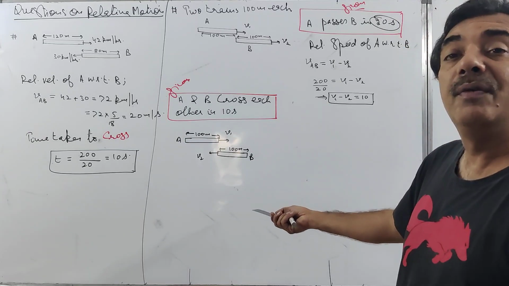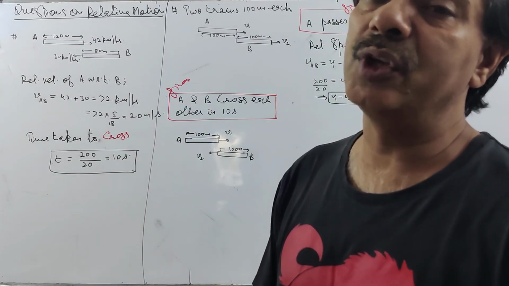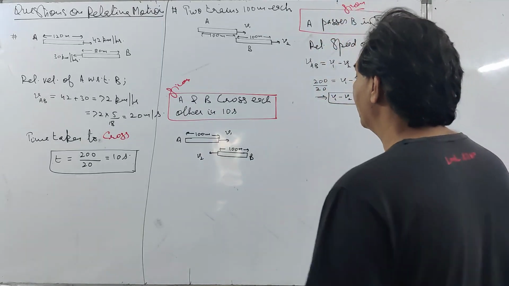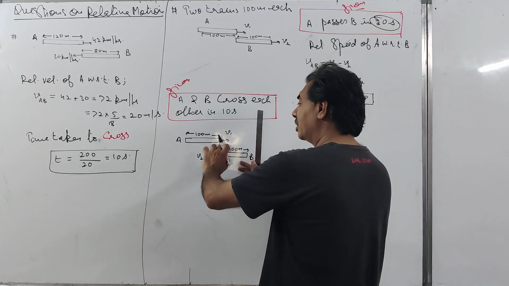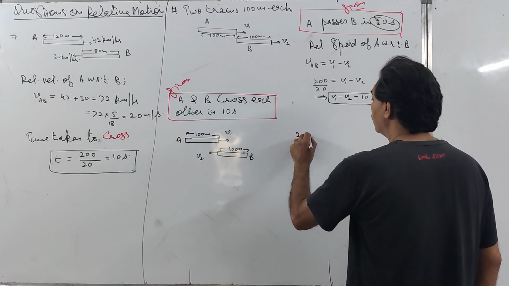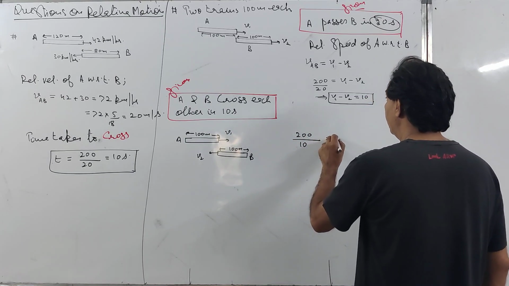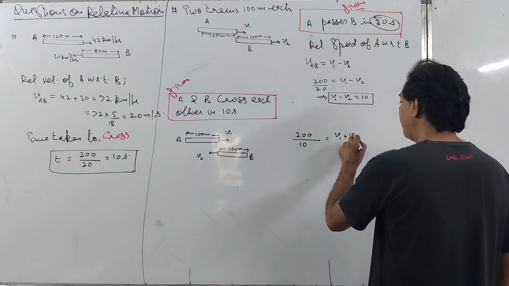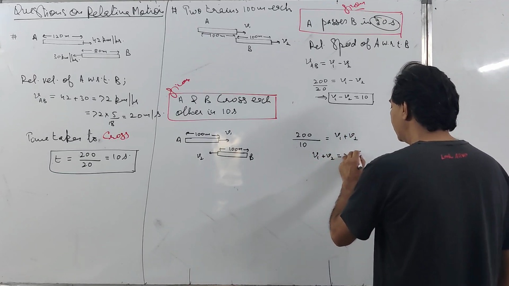V1 plus V2. It appears as if B is at rest and A is moving with the speed of V1 plus V2. So we make this a bridge, consider it at rest. Its speed will be V1 plus V2. So we will have 200 over 10 is equal to V1 plus V2. So V1 plus V2 is 20.